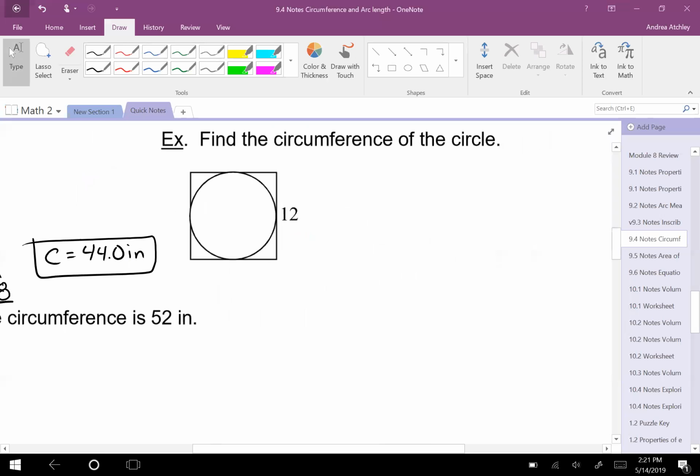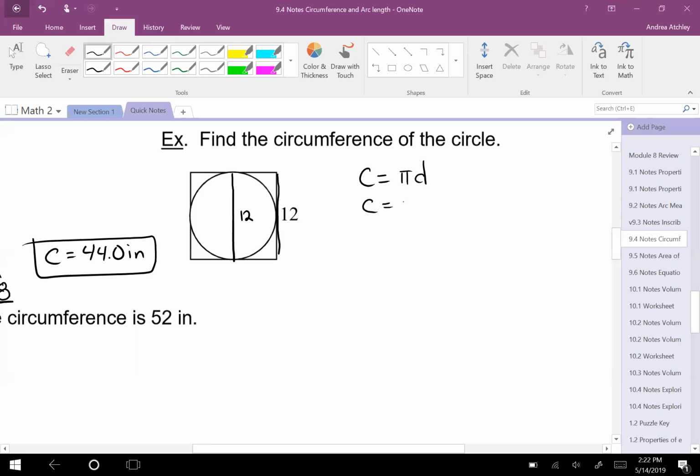Okay, the next one. In order to find the circumference of the circle, we need to know that this side is also the diameter. So again, the circumference should be pi times diameter, because I gave you the diameter in this case.